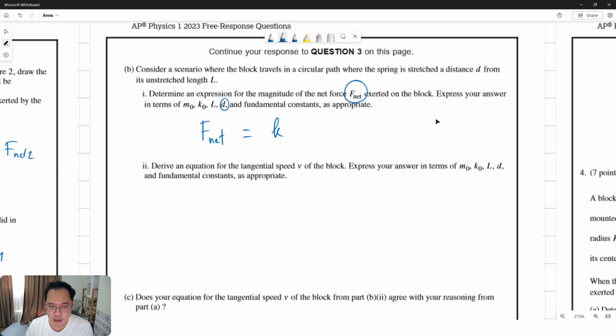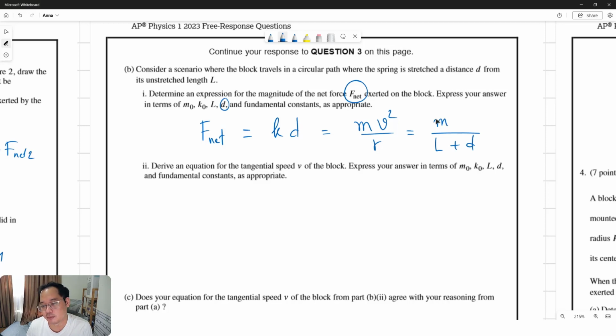So k times d is our answer, simply like this. Of course it equals the centrifugal force, m v squared over r, where r is the radius and v is the speed. The radius is the sum of the natural length L and the extension d.